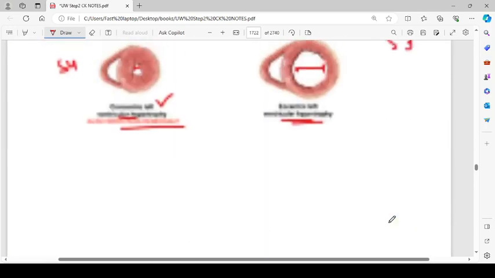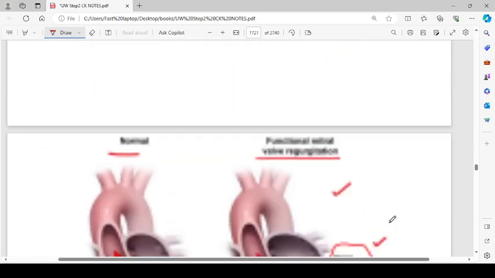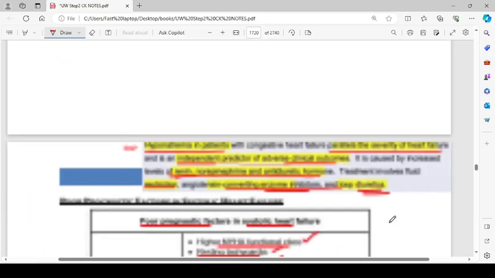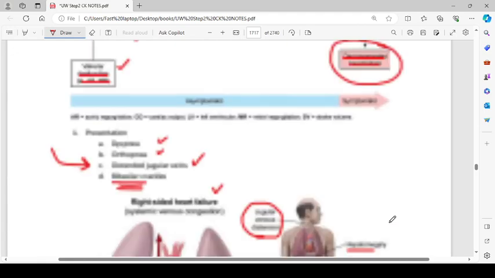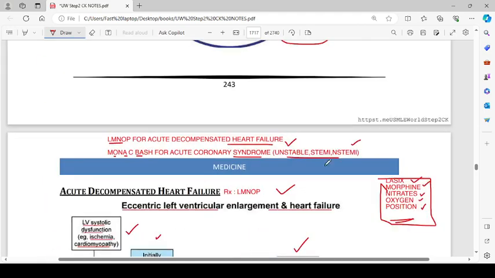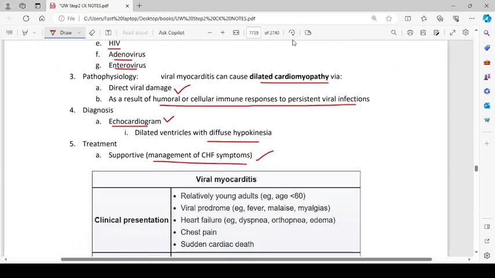But that was a few pages back. Let's go there. LMNOP. I think that was congestive heart failure. Yeah, they were saying that for decompensated heart failure, we give LMNOP, that is Lasix, morphine, nitrate, oxygen, and we change the position of the patient. Okay, so these are the management options that we administer to the patients who have dilated cardiomyopathy.